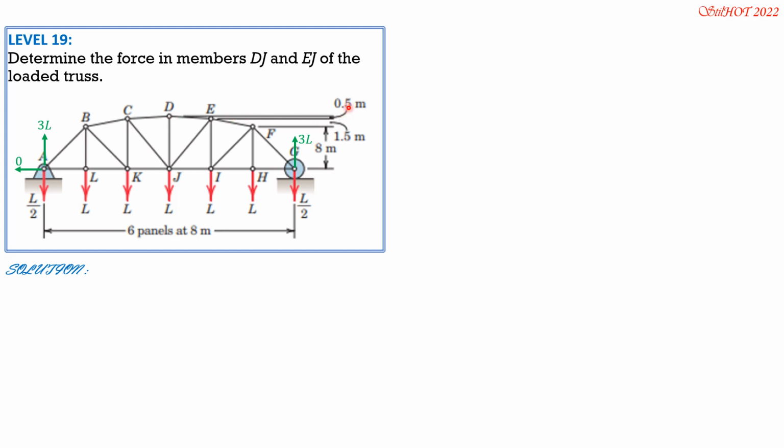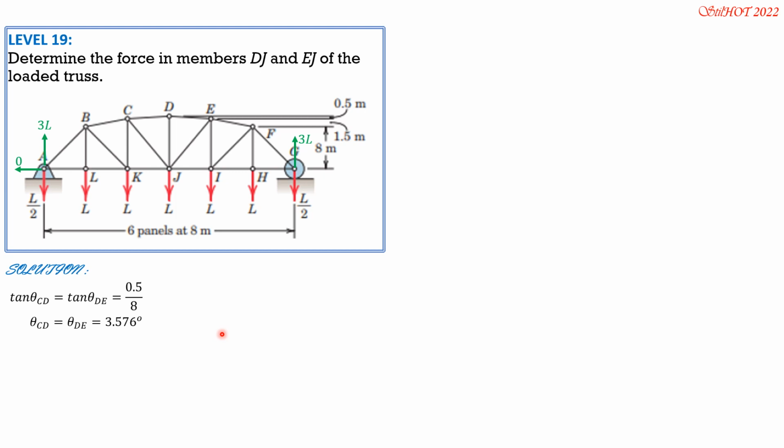It is arctan of 0.5, vertical distance 0.5 over horizontal distance 8. So tangent theta CD equals tangent of theta DE equals 0.5 over 8. So theta CD equals theta DE equals 3.576 degrees.